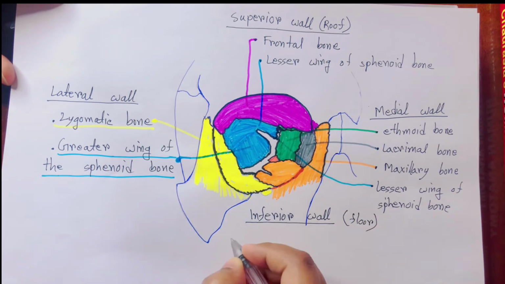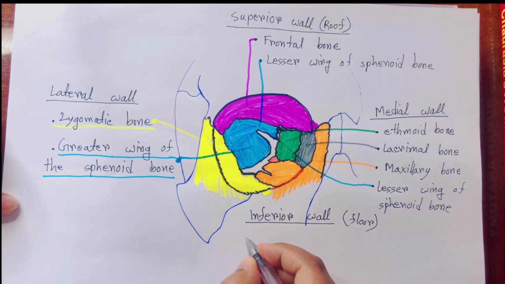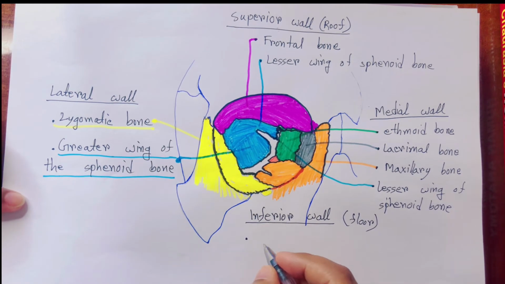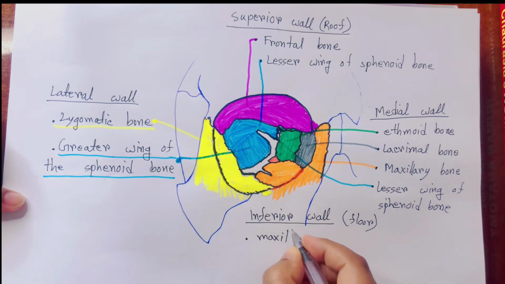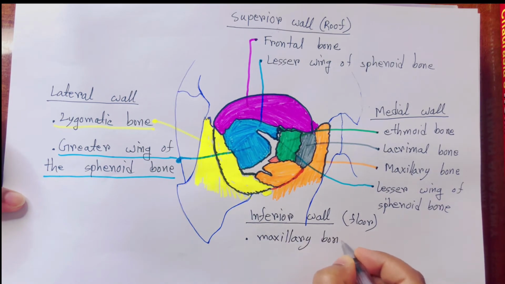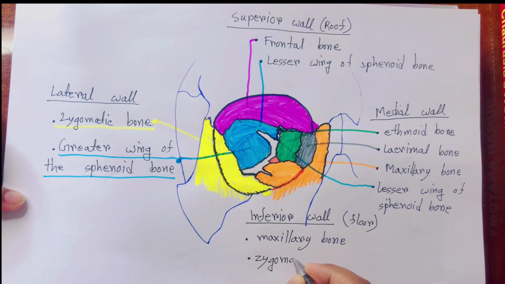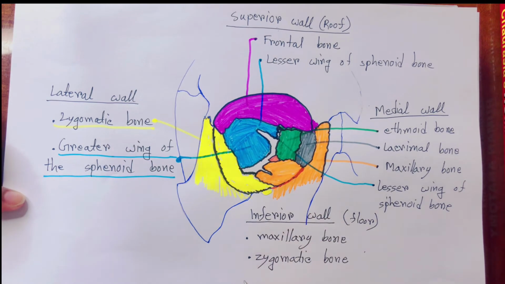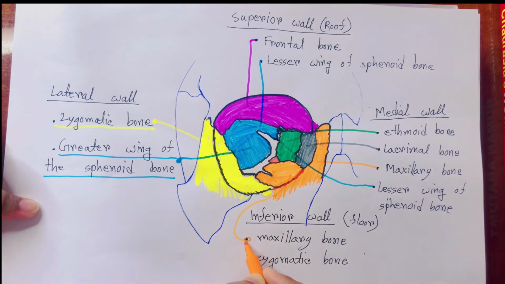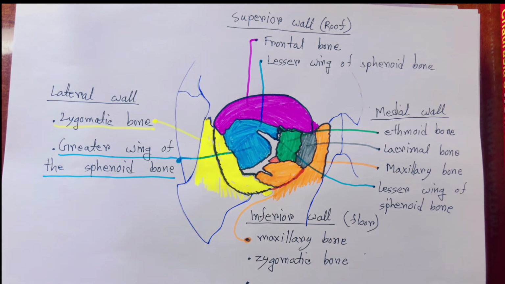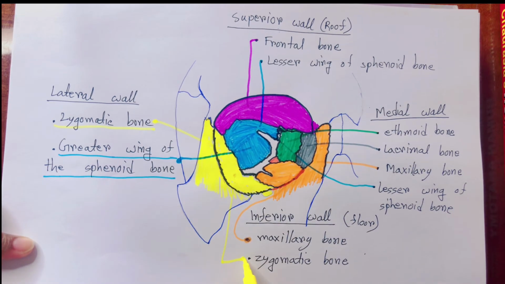Now we will see inferior wall or floor of the orbit. And inferior wall is formed by the maxillary bone medially and zygomatic bone laterally.